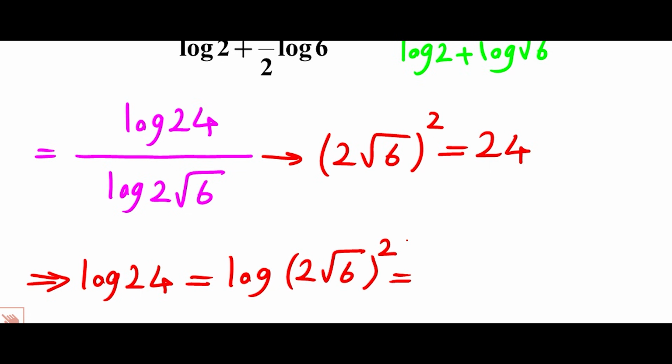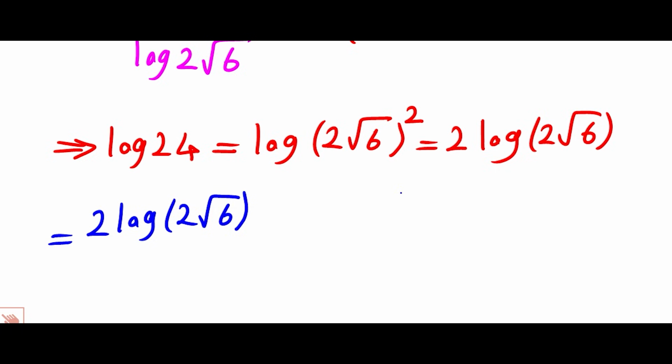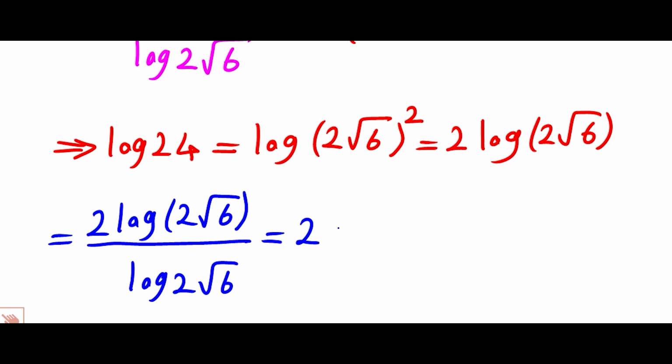Now we use the power rule, which is 2 times log of 2 square root of 6, right? So this fraction becomes 2 times log of 2 square root of 6 over log of 2 square root of 6, which equals 2. So the final answer is 2.